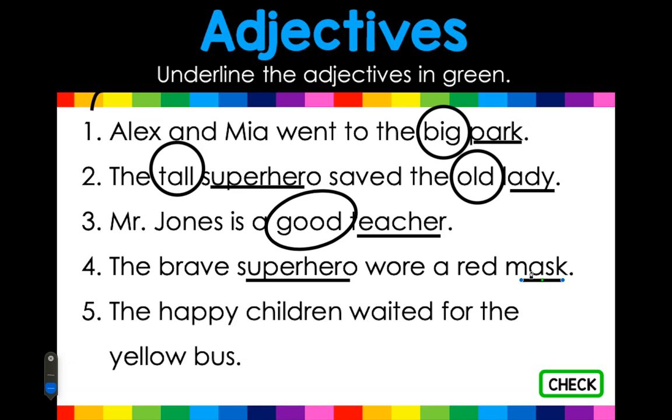What kind of superhero? The brave superhero. What kind of mask? The red mask. Now, if you really want to go into detail about adjectives, you could even say A tells us how many. One mask, right?